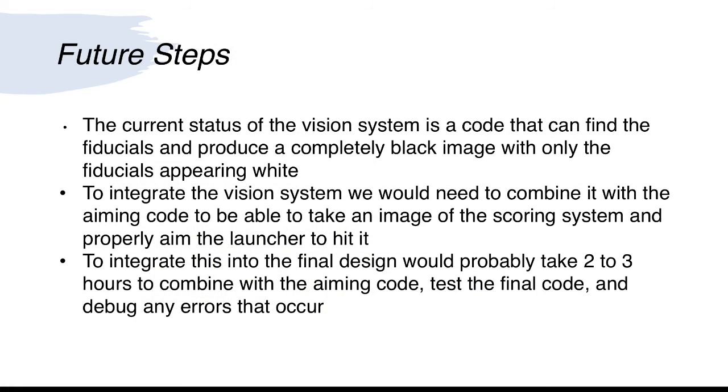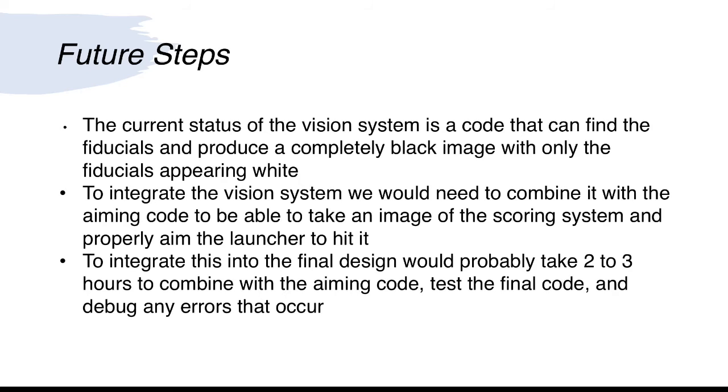And then the final slide I had was the future steps, and it described the current status of the code, which is just taking the image and making it completely black except for the fiducials, which are white circles.